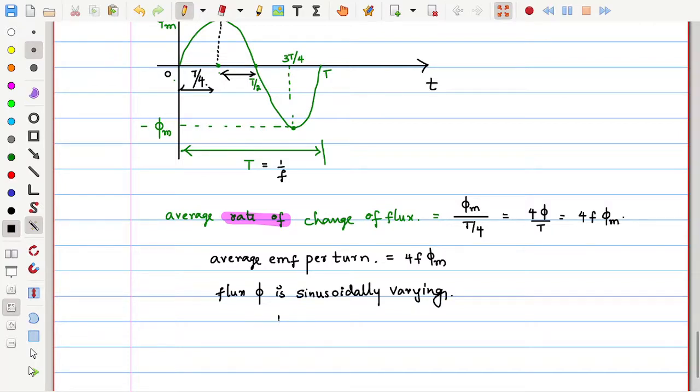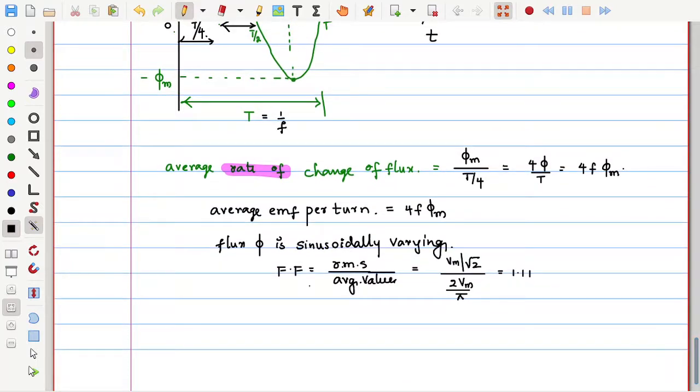What is the form factor? The ratio of RMS value to average value is referred to as the form factor. And for a sinusoidal, how much did we get? Do you remember? RMS value is Vm by root 2 and average value is 2 Vm by pi. As a result, we got 1.11. If you recap, it will be 1.11 for any sinusoidal waveform.